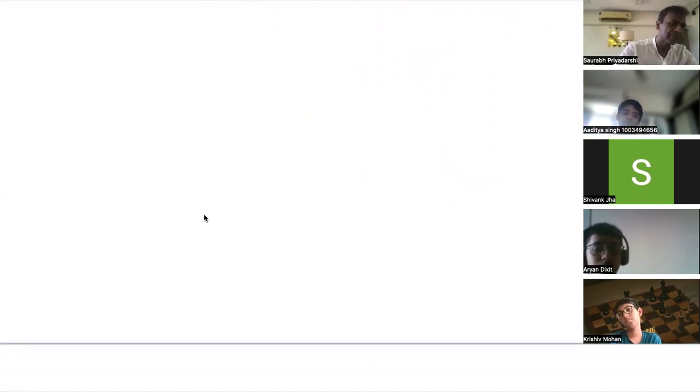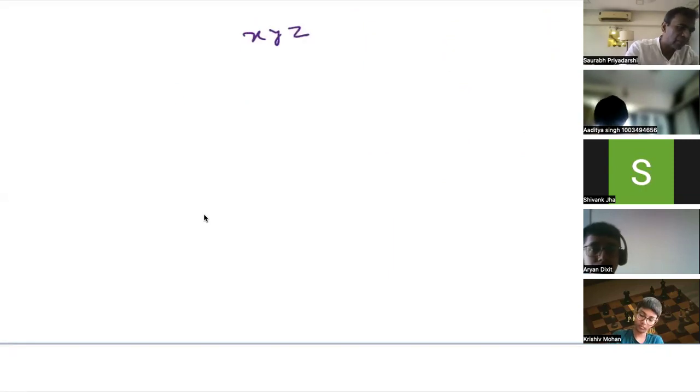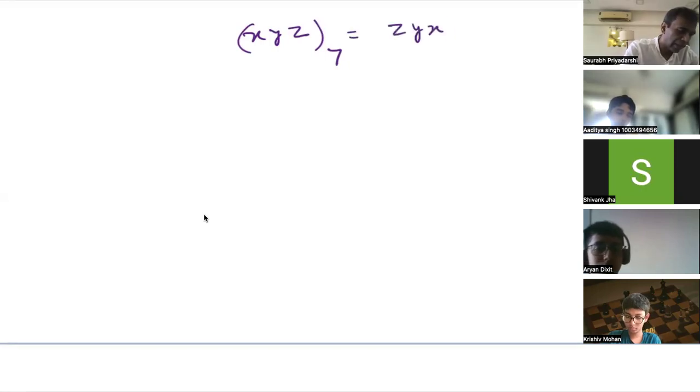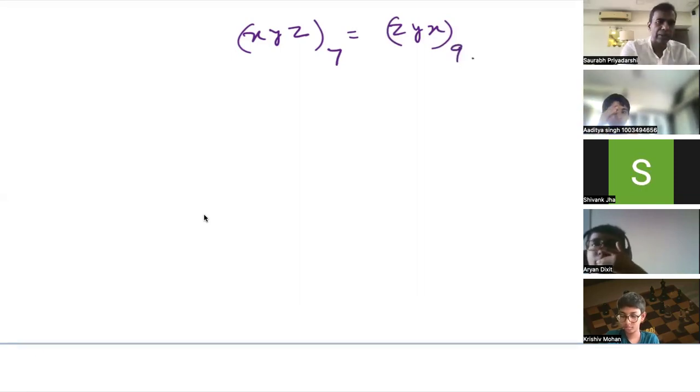Next, a 3-digit number XYZ with a base 7 system is written as ZYX with a base 9. Can we find out the possible numbers?